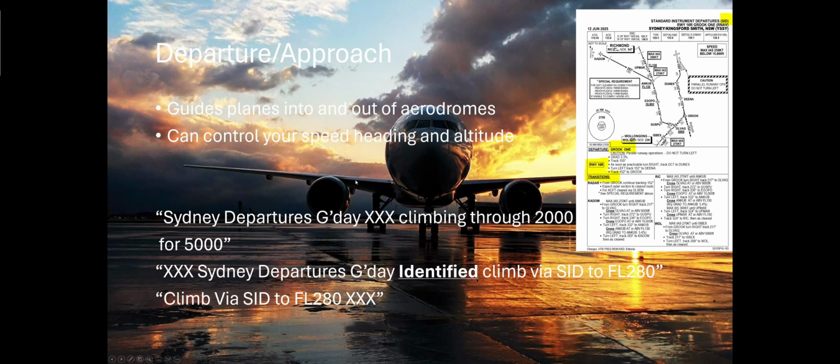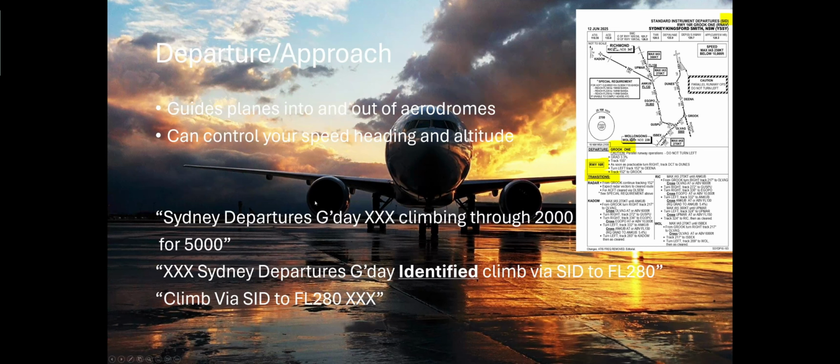Two things to note here. When I said climbing through 2,000 for 5,000, 5,000 is the altitude you got in your IFR clearance. So if we look on the chart, they would usually say initial altitude 5,000 or climb via SID 5,000.